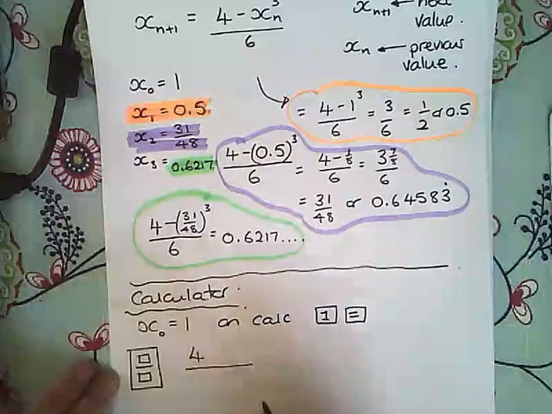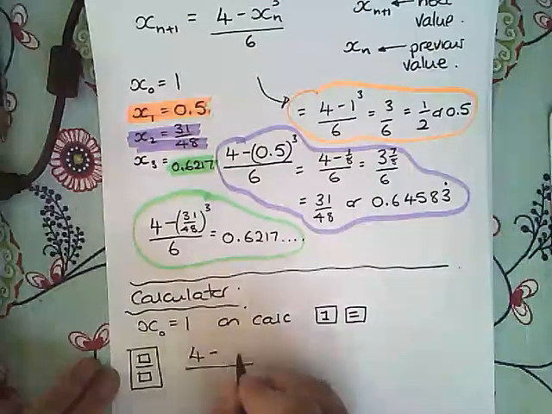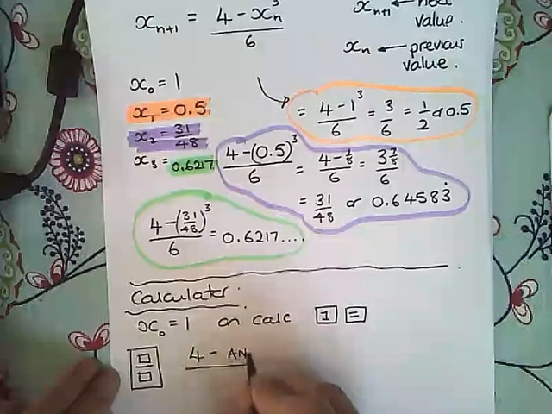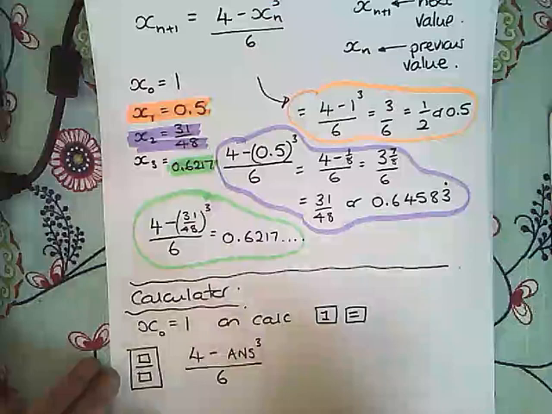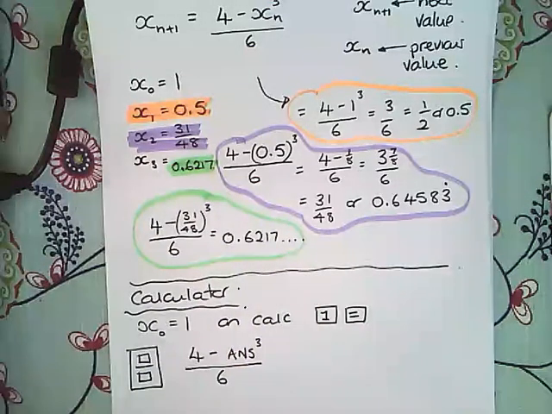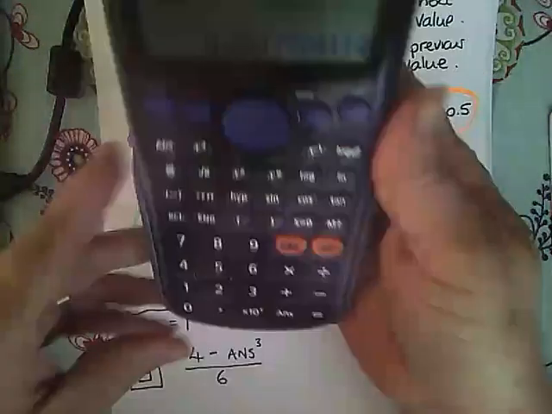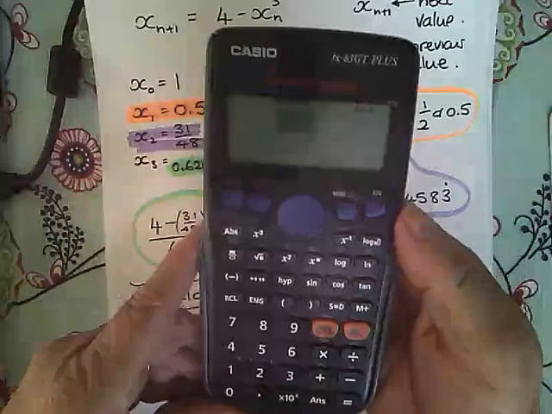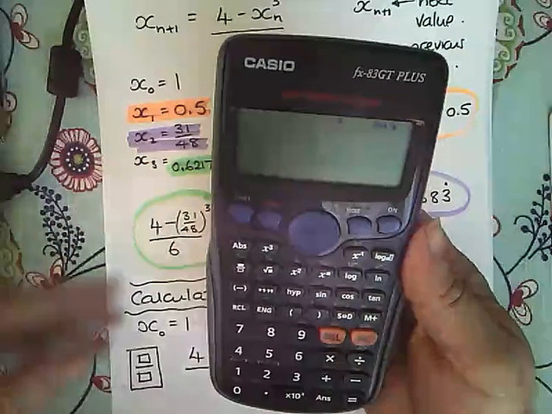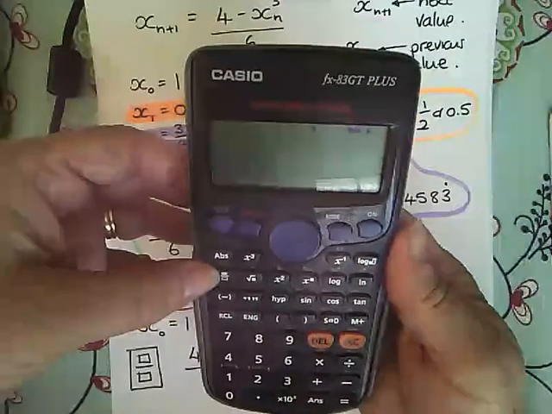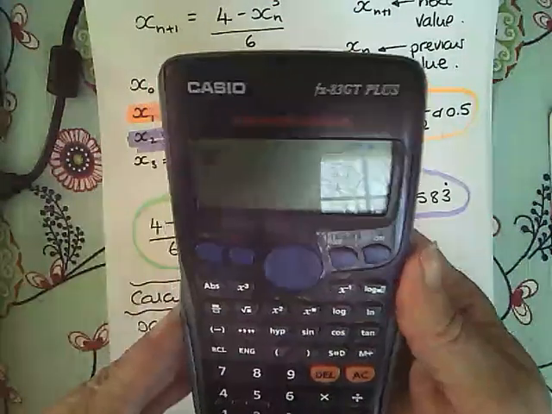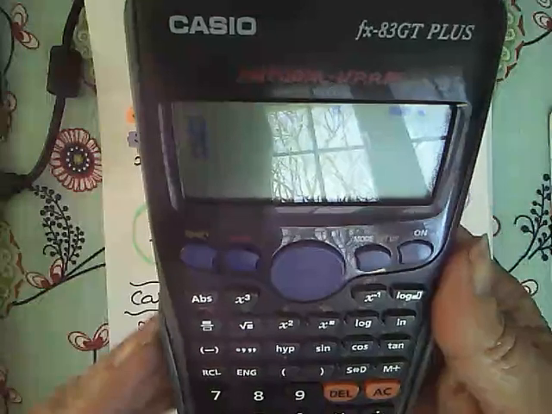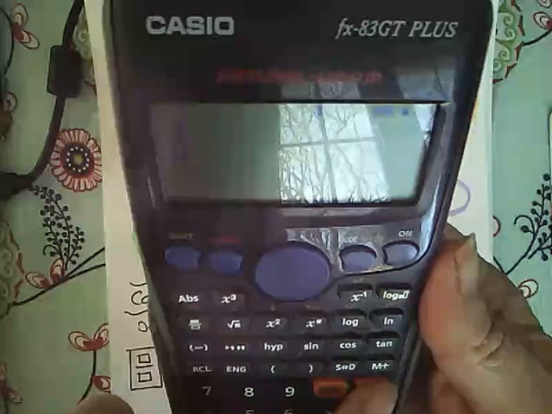And fill in the top, 4 minus answer cubed, all divided by 6. And I'll just show you how to do that on the calculator. So using the fraction button, oh hang on, I need to do answer first, don't I?